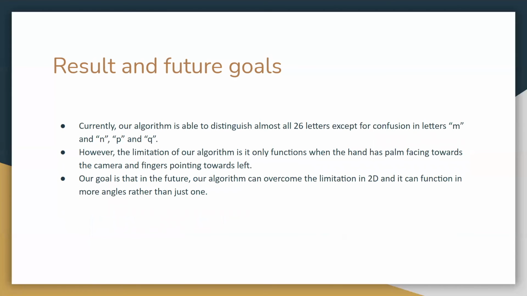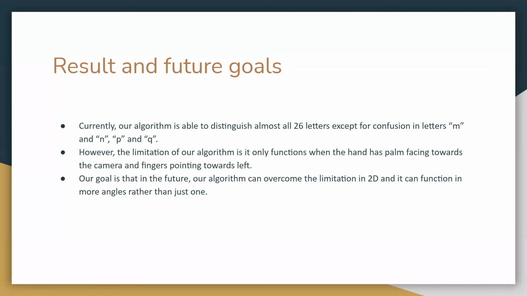Our current result is that we are able to distinguish almost all 26 letters already, but there is some confusion between similar letters, such as M and N, which differ only in how curved the forefinger is, and P and Q, which are not really good for recognizing at the palm-facing-towards-us angle.